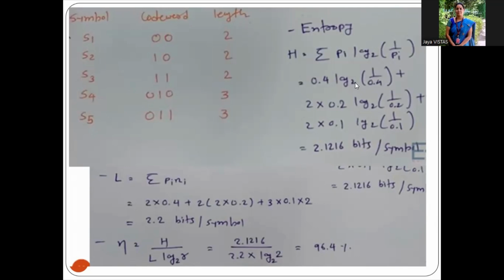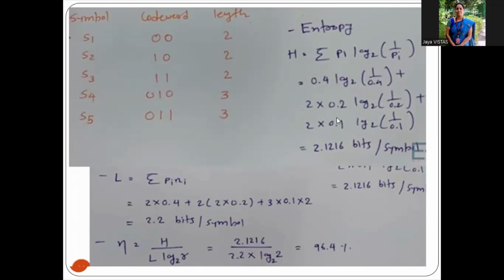So log 1 by 0.4 to the base 2 is converted into log 1 by 0.4 to the base 10 divided by log 2 to the base 10.